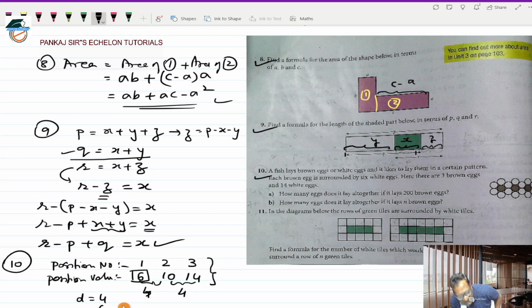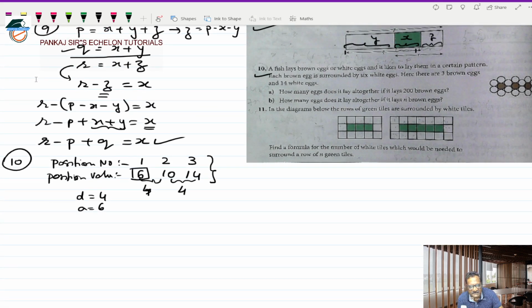Now you know that the nth term of a sequence can always be written as a_n is equal to the first term a plus n minus 1 times d. This is the formula for any general arithmetic sequence.